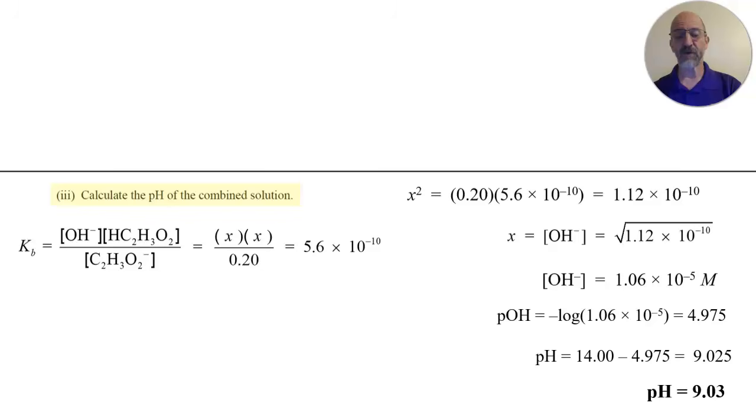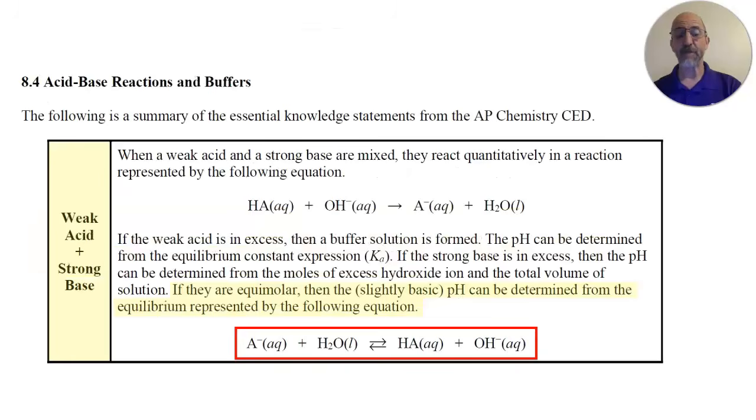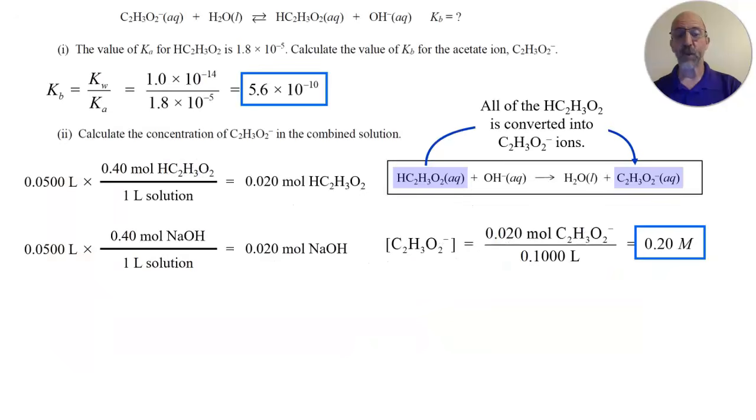So to review, first we got the net ionic equation for the reaction between a weak acid and a strong base, which was mentioned in a generic form in topic 8.4 essential knowledge statement. Then we figured out the Kb by doing Kw divided by Ka.